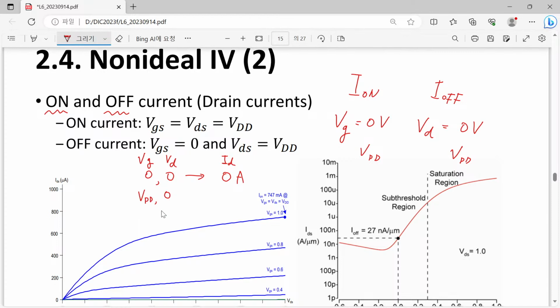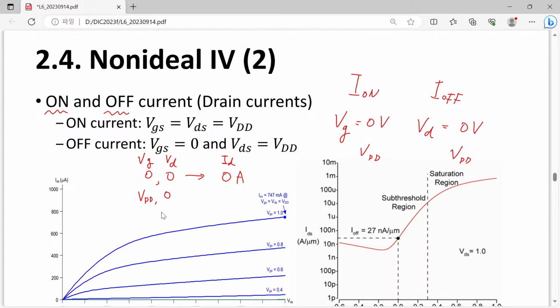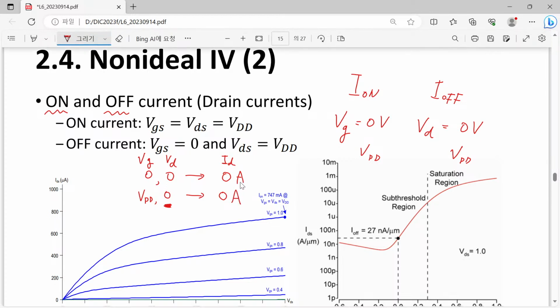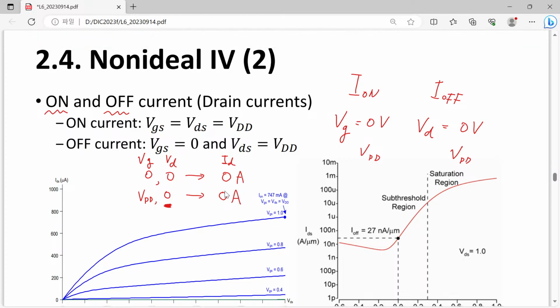Now we have a fully turned on device. We have a lot of electrons beneath the oxide region. However, the driving force for drain current is still 0. So still we have 0 ampere. So in these two cases, we don't have to care about that.